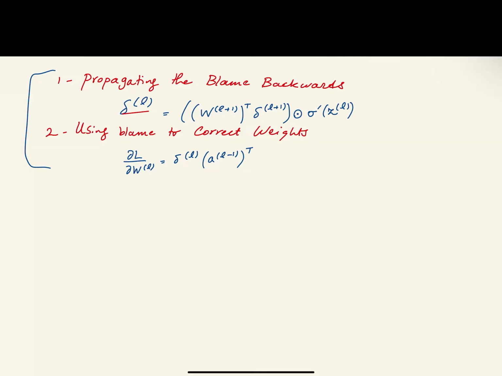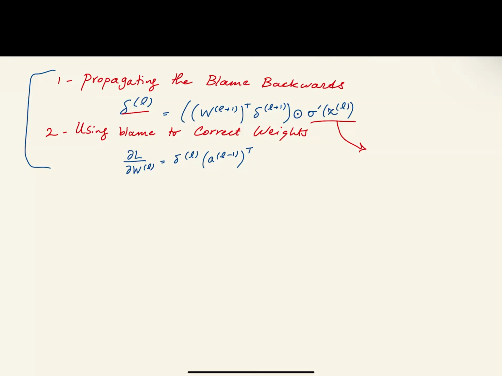One obvious thing, maybe evident from here, is the importance of the activation function. This sigma prime of z^L basically tells us the sensitivity of this activation function, right? How sensitive it is to the value and the changes of these values in intermediate layers.